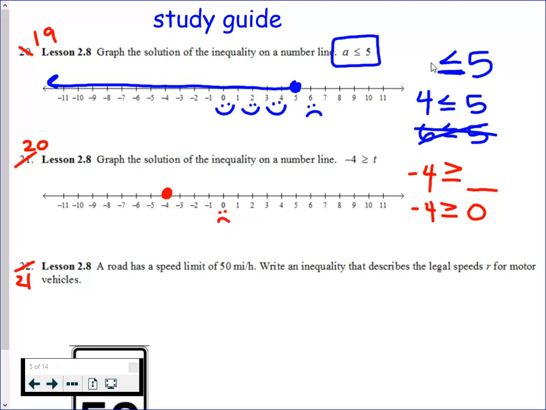Oh, no. -4 is not greater than 0. -4 is greater than -10. Yep, that one's a good one. Again, my arrow should be going left.